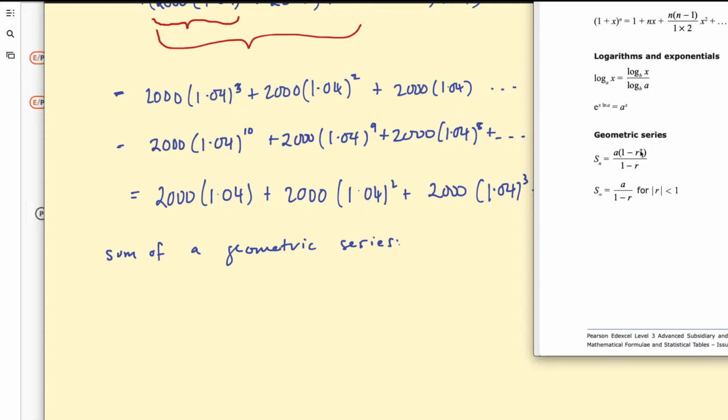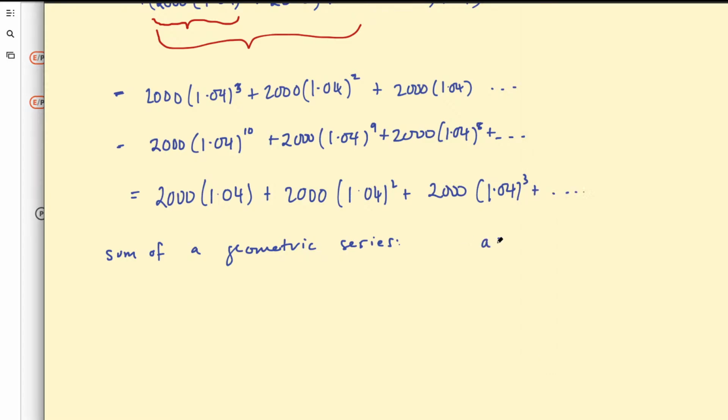So A is the first term and R is the difference between each term. So A is equal to 2000 times 1.04. R is equal to 1.04. And N is equal to 10. So let's give this a try. Let's write this down.